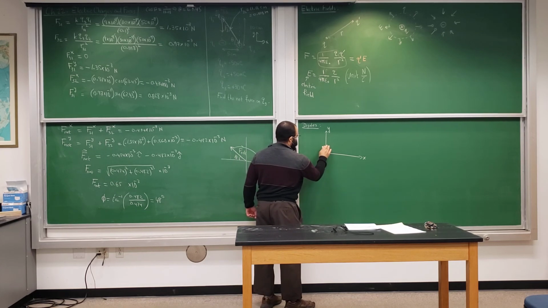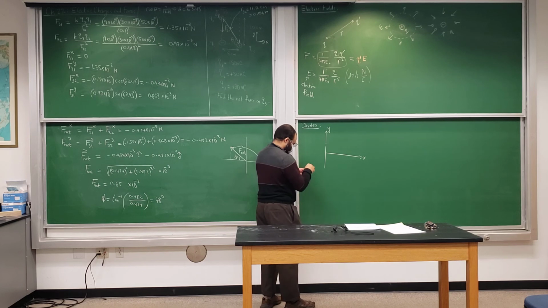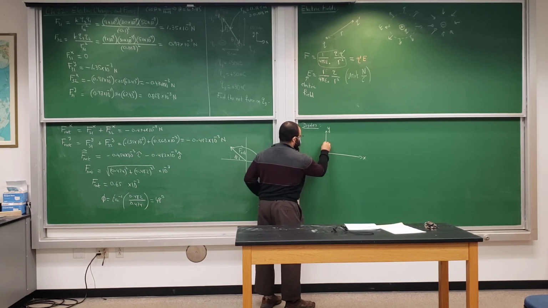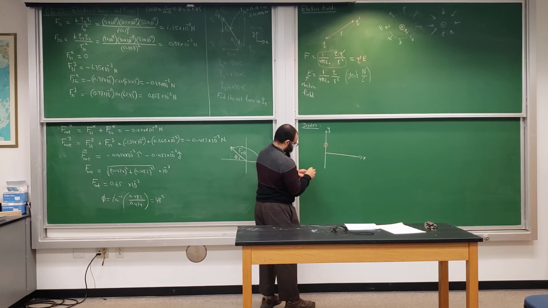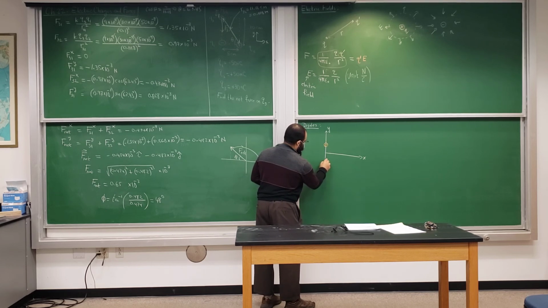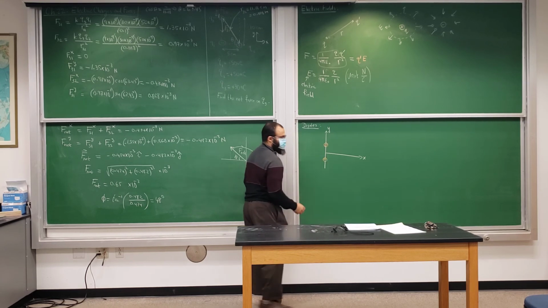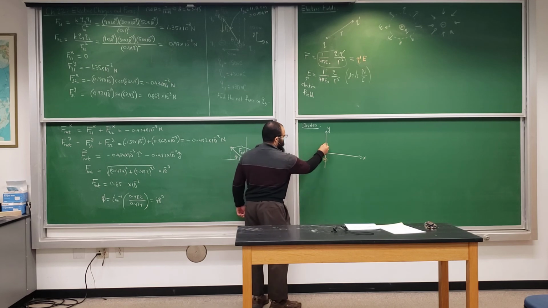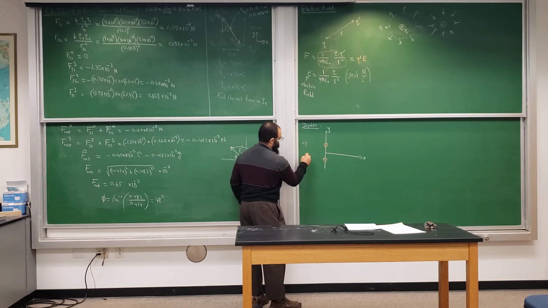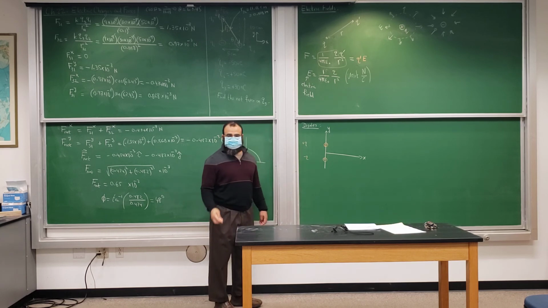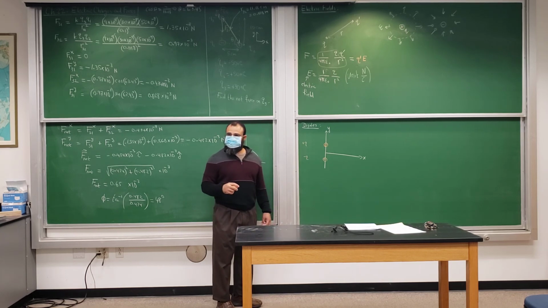I'll put a plus charge here, in orange, and I put a minus charge right here, also in orange. Both of them, this is positive Q, and this one is negative Q. They have the same magnitude, but one is plus, one is minus.